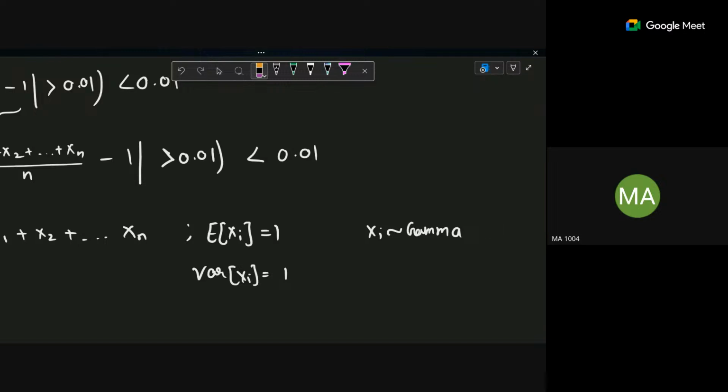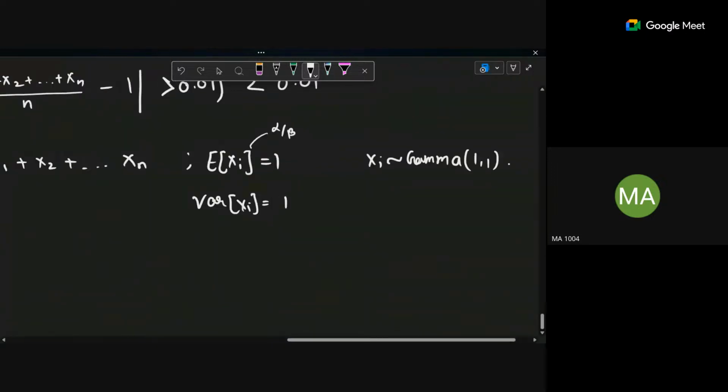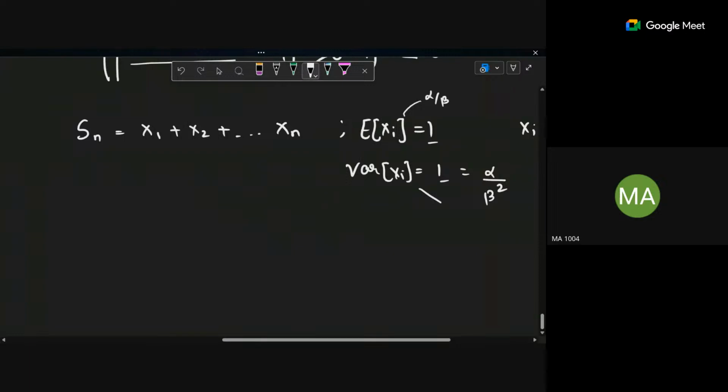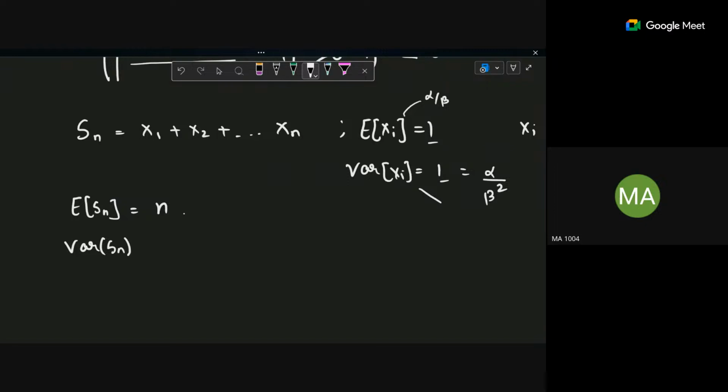So expectation of Xi is alpha by beta, and variance of Xi is alpha by beta square. If they are 1, 1, then what will be the expectation of Sn? N. And what will be the variance of Sn? N again. Is this fine for you?